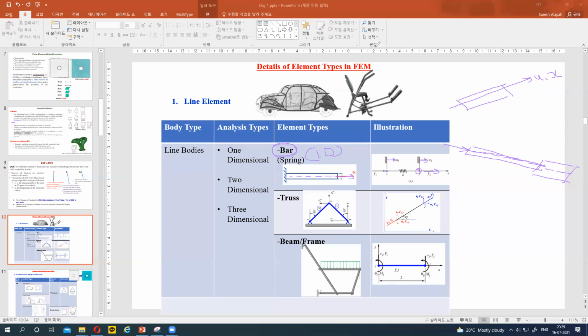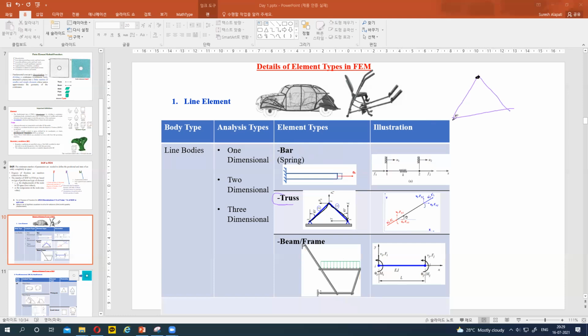To simplify the model, what is a truss? There is a difference between bar and truss element. Truss, you know, right? Let's consider this one. This is one element, and this is another element, and both are connected here.